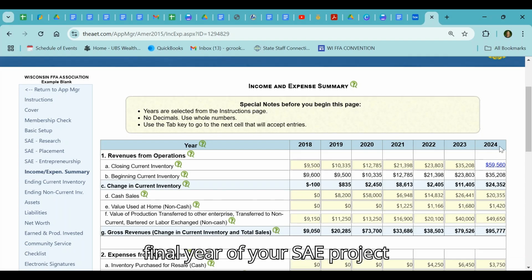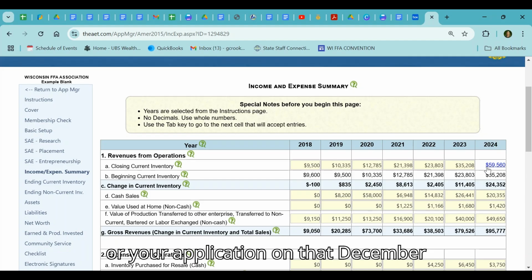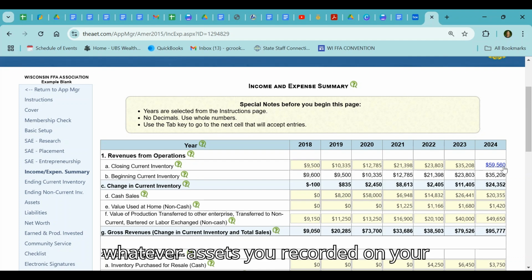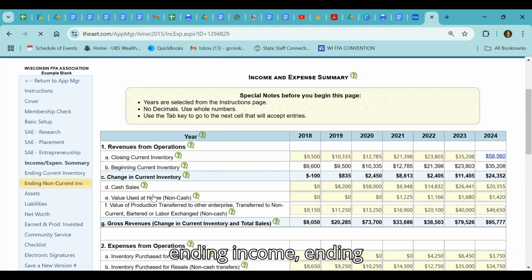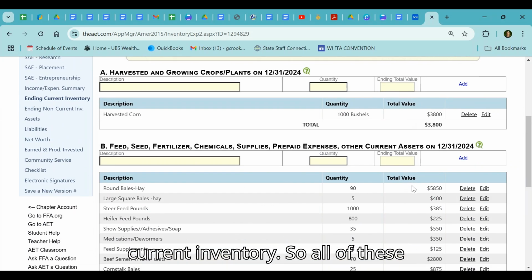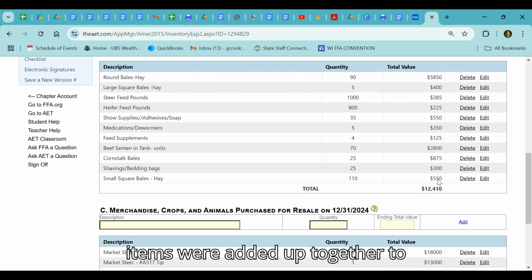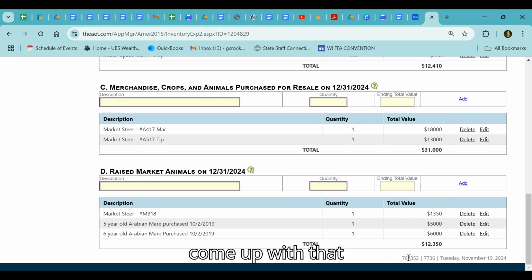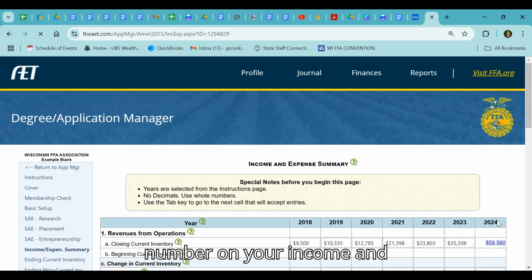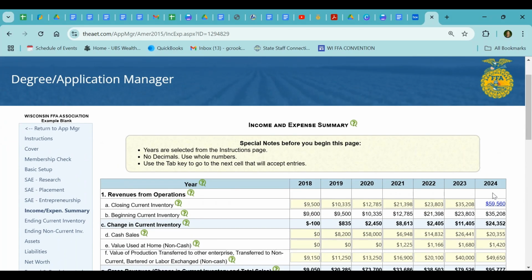So your final year of your SAE project or your application, on that December 31st of 2024, whatever assets you recorded on your ending current inventory, all of these items were added up together to come up with that number on your income and expense summary.